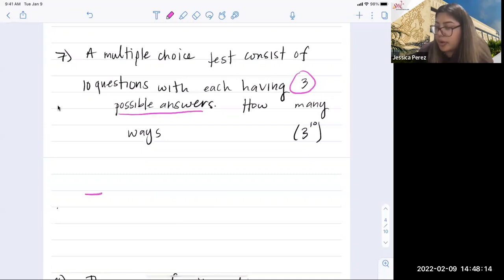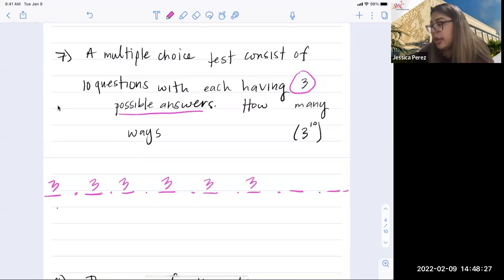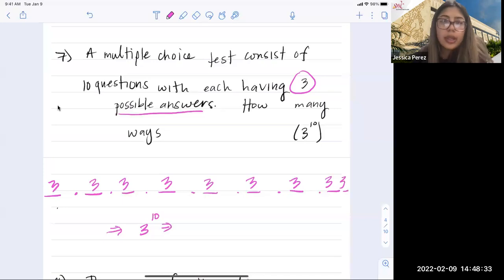So we have 1, 2, 3, 4, 5, 6, 7, 8, 9, 10. This one has 3, this one has 3, this one has 3. They all have 3 choices. So this means it's 3 raised to the 10th power. That's how many ways you can mark your answer.